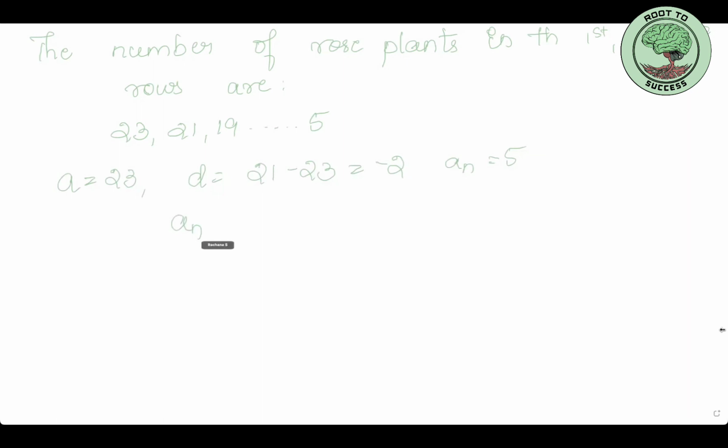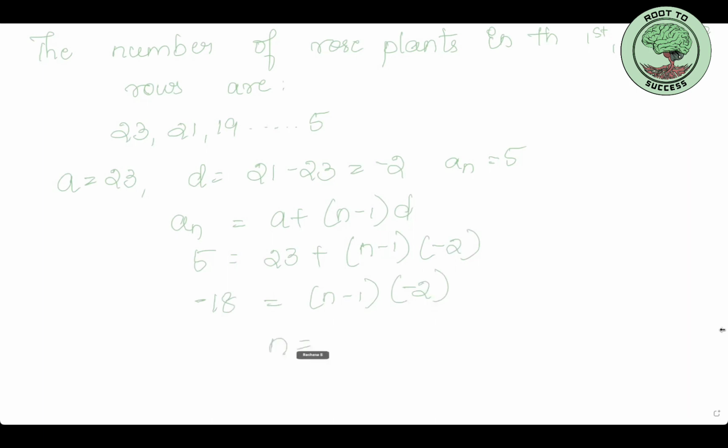So AN is equal to A plus N minus 1 D. 5 is equal to 23 plus N minus 1 into minus 2, which will be minus 18 is equal to N minus 1 into minus 2.